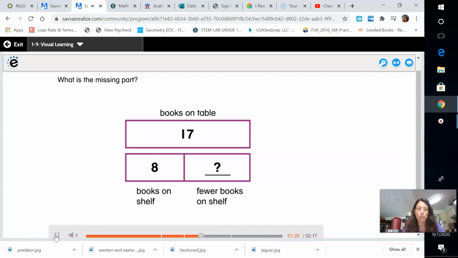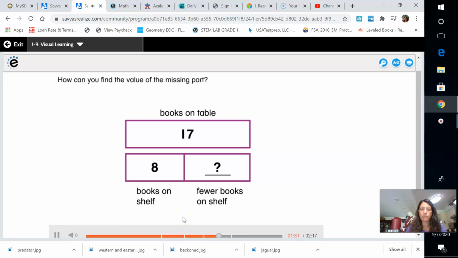What is the missing part? Start on your 8, count up to your 17, and then you'll get your answer, because we're just doing subtraction. We need to find how many fewer books are on the shelf.